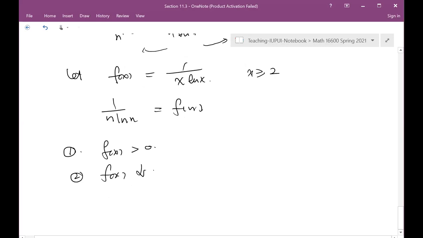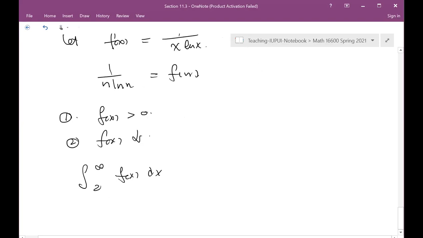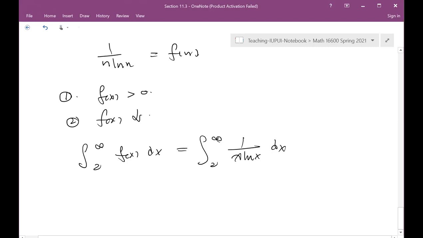Of course. So now I'm going to check this integral, whether this integral is convergent or divergent. I want to use a substitution. I let u be natural log of x, so du is going to be 1 over x dx.